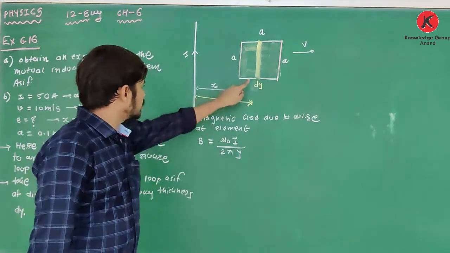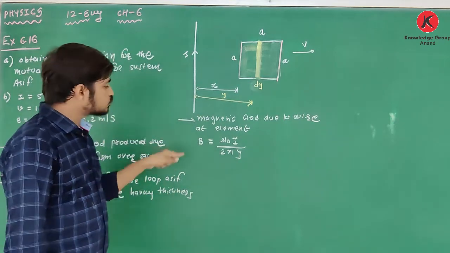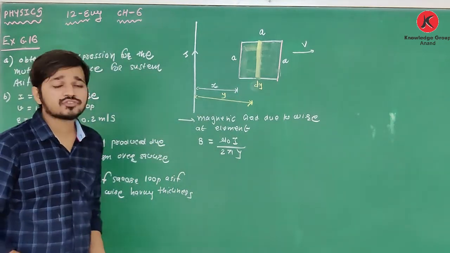Why? Because this element is at a distance y from the wire. Simple. And yes, what is the direction of this magnetic field?